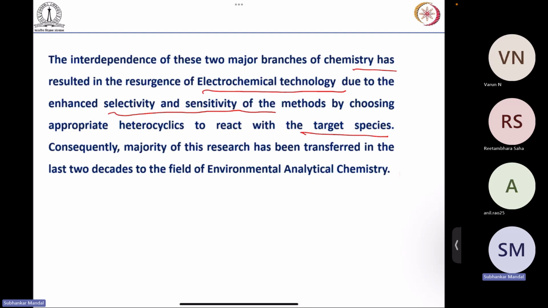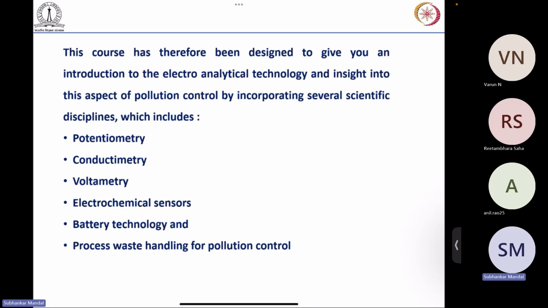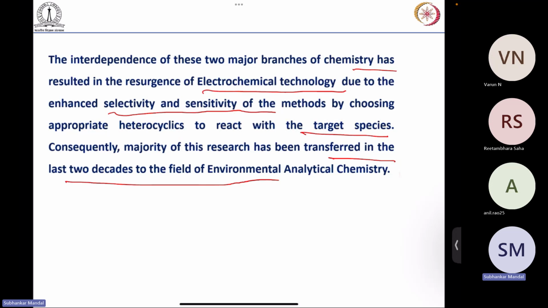Consequently, the majority of this research has transferred in the last 2 decades to environmental analytical chemistry. So that is the importance of this electrochemical technique.